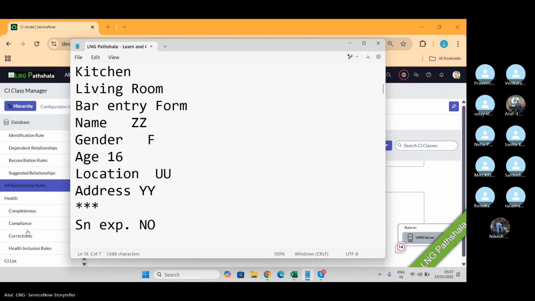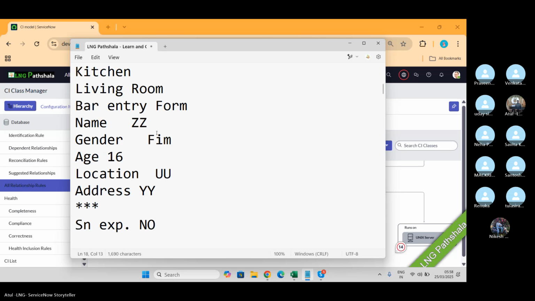And then correctness. Now we know that there is nothing called gender FIM. Either we put F for female, M for male, and DN for don't want to be disclosed.